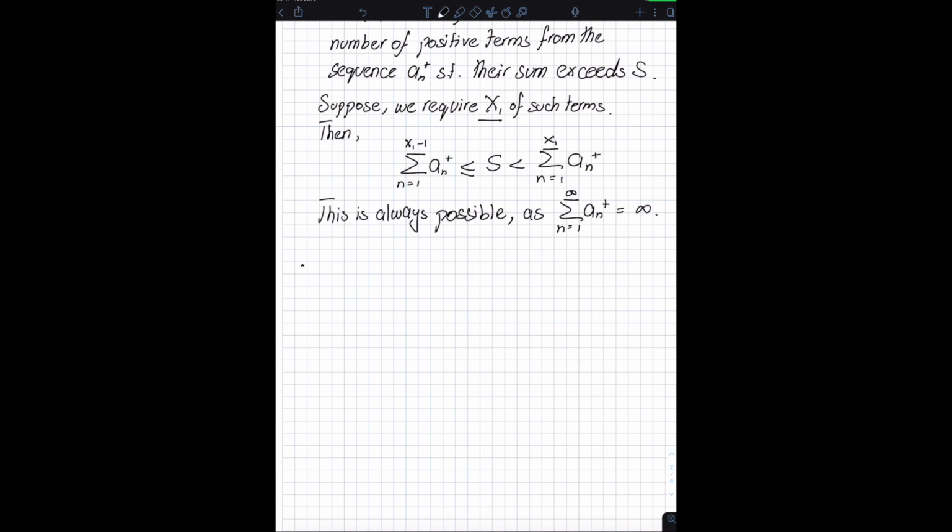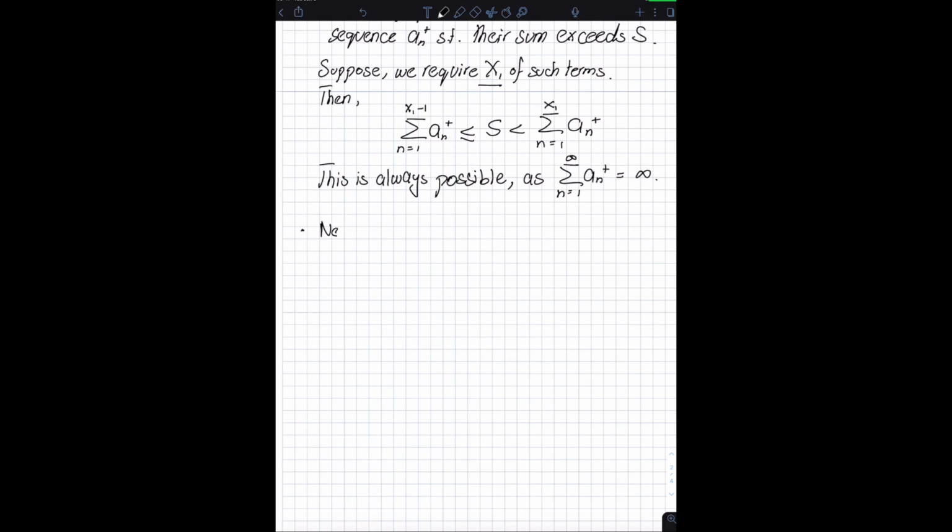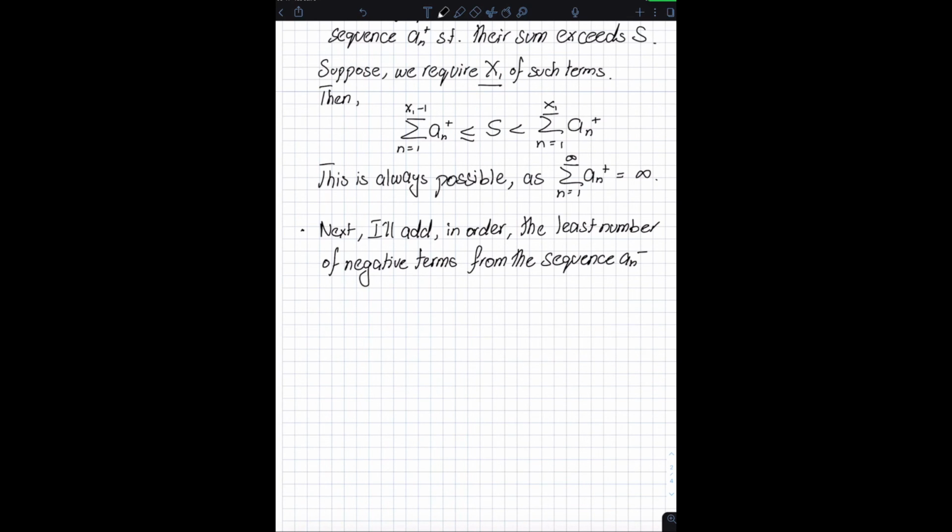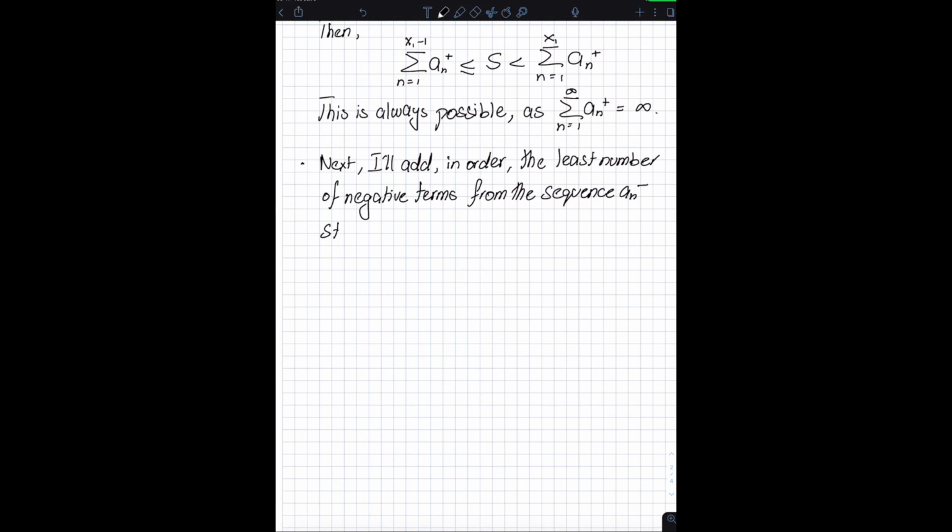Now the next step, what I'm going to do is I'm going to say next, I'll add, once again in order, the least number of negative terms from the sequence a of n negative, such that the resulting sum is less than s.